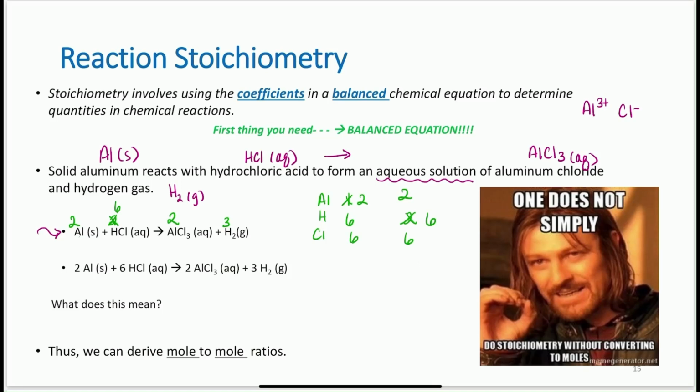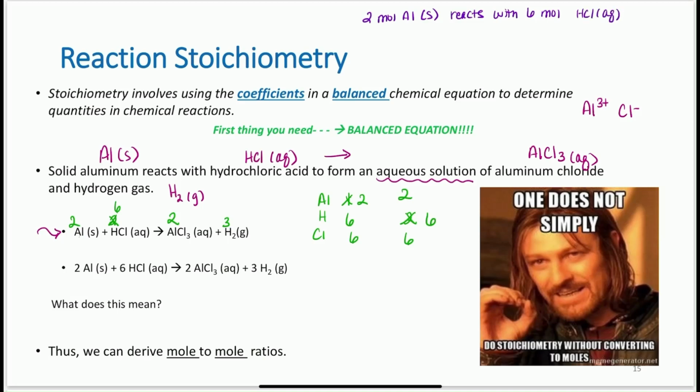So this is telling me that 2 moles of aluminum, solid phase, or you could say solid aluminum, reacts with 6 moles of hydrochloric acid. HCl aqueous means acid.